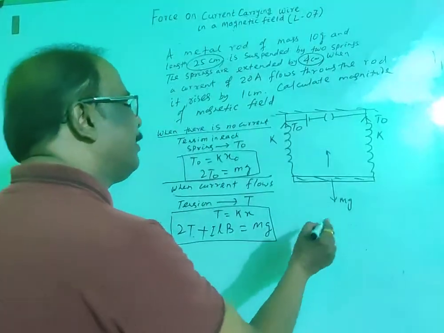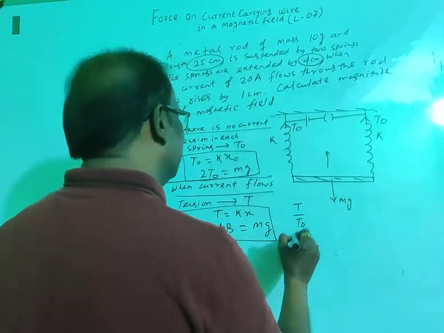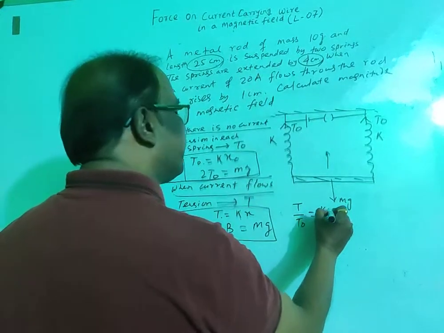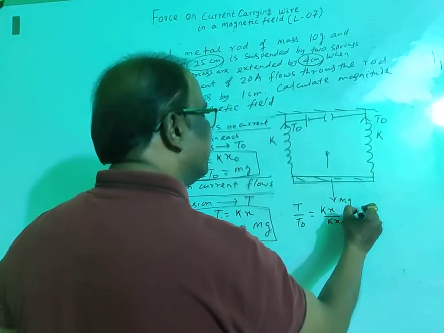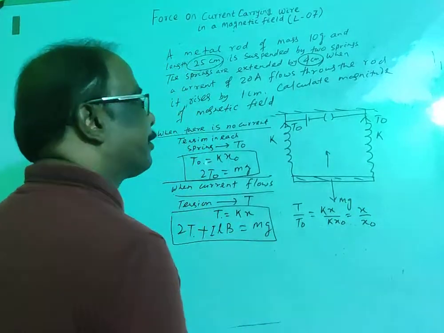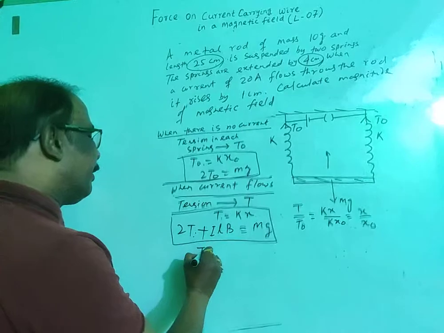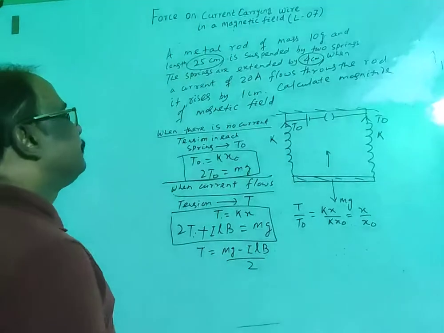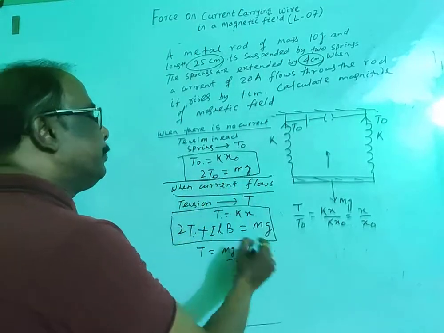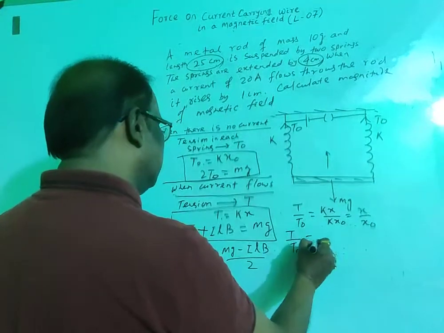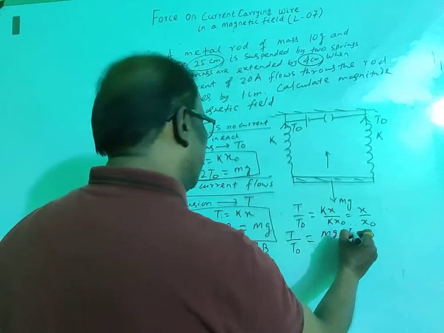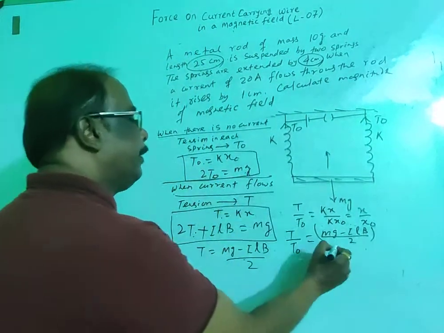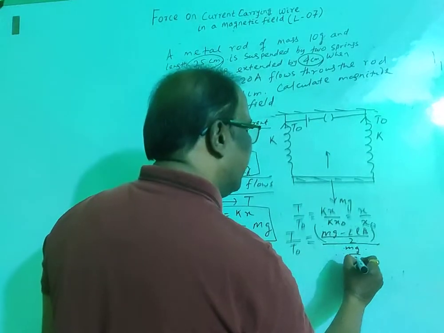Now it is easier. Let's take T divided by T naught, that equals kx divided by kx naught, that equals x by x naught. From this we get T is equal to (mg minus ILB) divided by 2, and T naught is equal to mg by 2. So T by T naught is (mg minus ILB) divided by 2, and in place of T naught we write mg divided by 2.